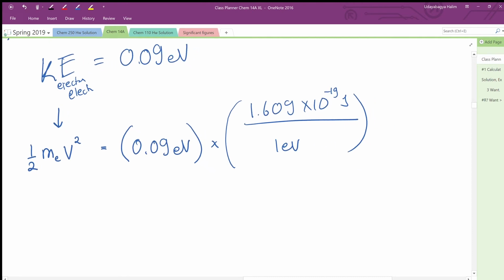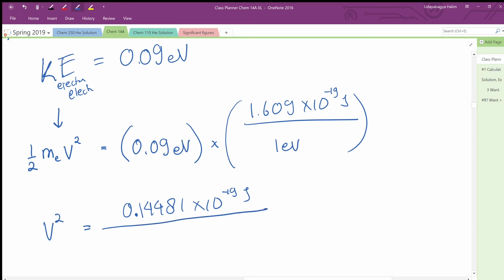I think in terms of the skill that you need, it's not that complicated. It's just a lot of number crunching, which is never the fun part of learning anything. So velocity squared is equal to, I'm going to multiply these two numbers together, 0.14481 times 10 to the negative 19 joules, divided by the mass of the electron, times 2.